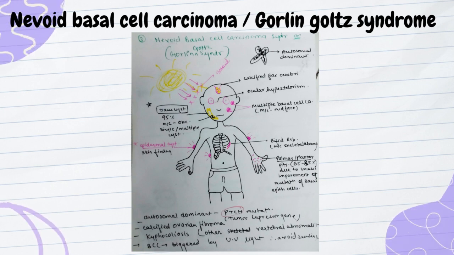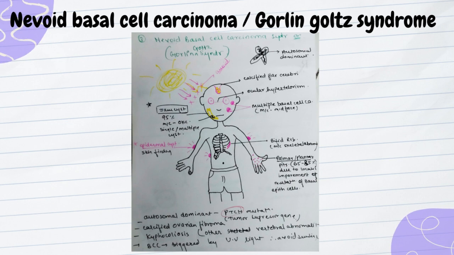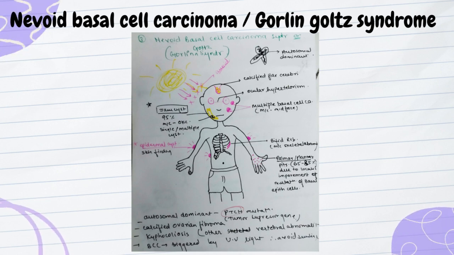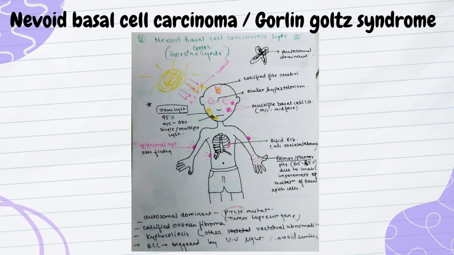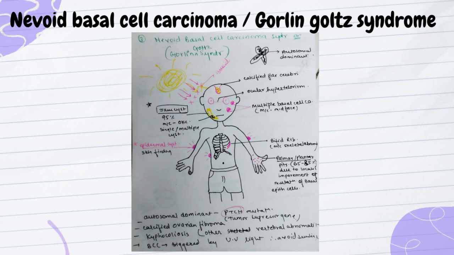So here you can appreciate the sun, so this patient should avoid sunlight. So keep in mind, remember this also. And as I said, it is autosomal dominant because there is a PTCH mutation.